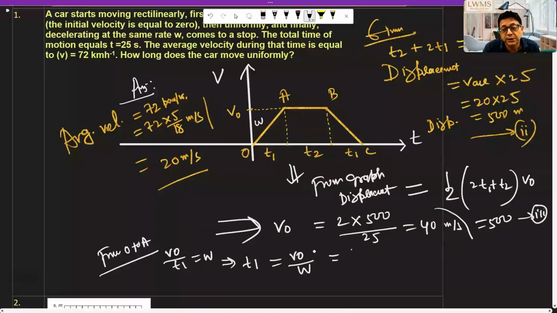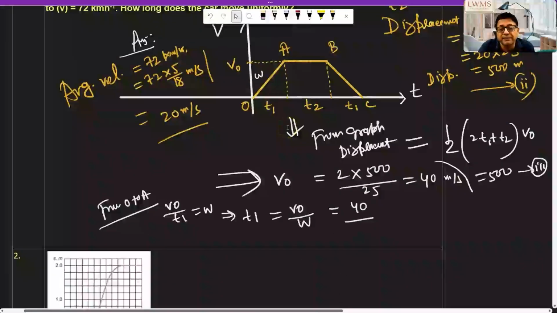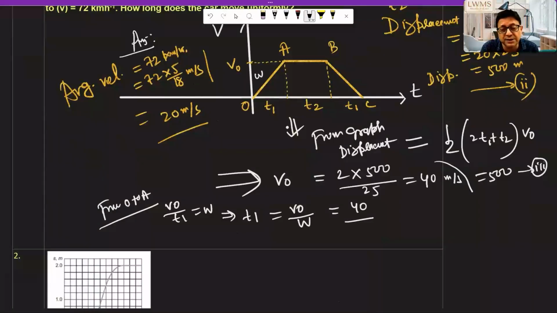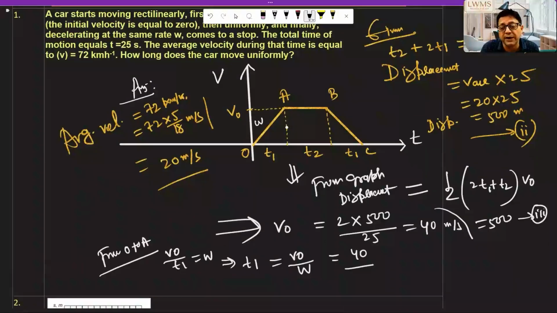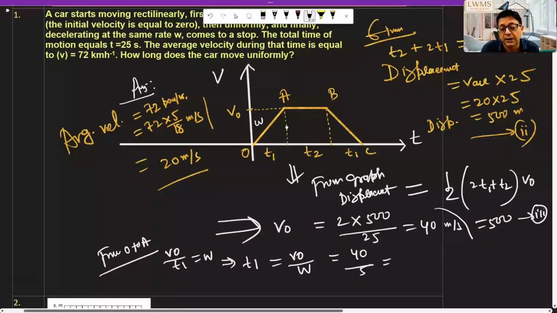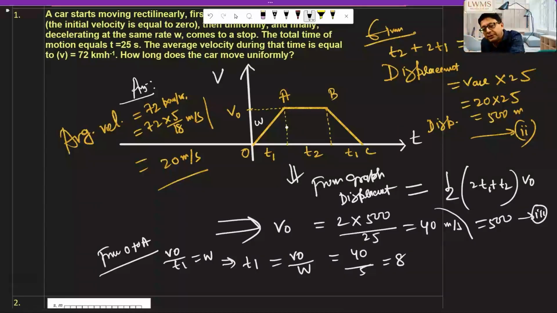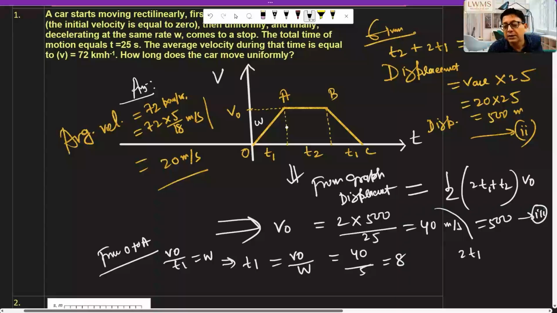V0, how much? That is 40. And W, it is given, that is 5. W means acceleration. Acceleration is slope. So you put there 40 by 5. This is equal to 8 seconds. Substitute there. 2t1 plus t2 is 25.